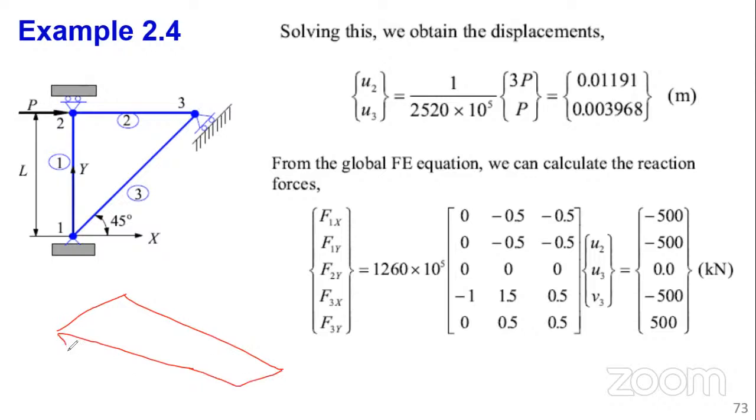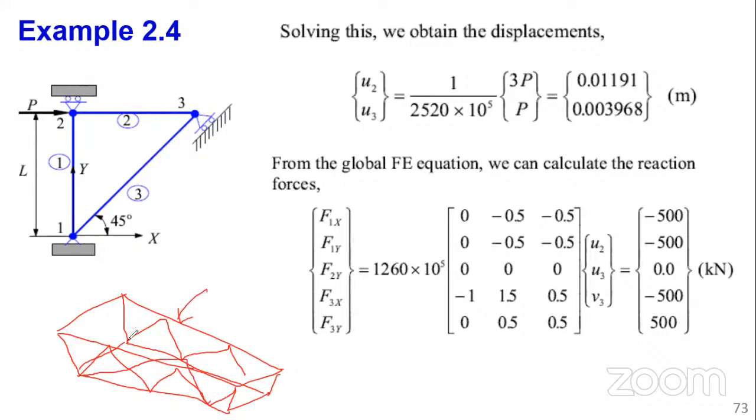Because you may be dealing with a truss bridge. Yes, a truss bridge, maybe like that, with that kind of configuration. You just need to model it, define the model and the material property.